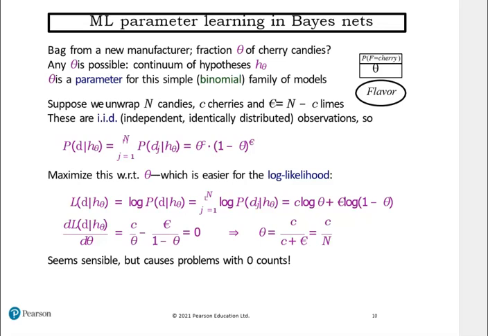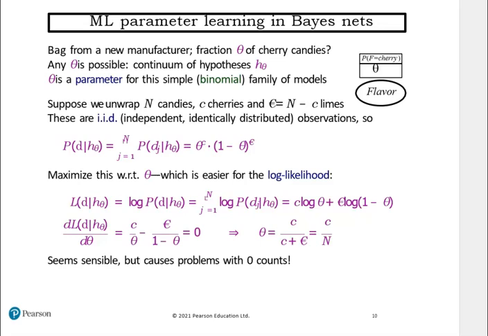So this example also gives us another warning here, which is when the data set is small enough, some events may not have been observed. So, for example, say we opened 5 candies and all of them came lime.